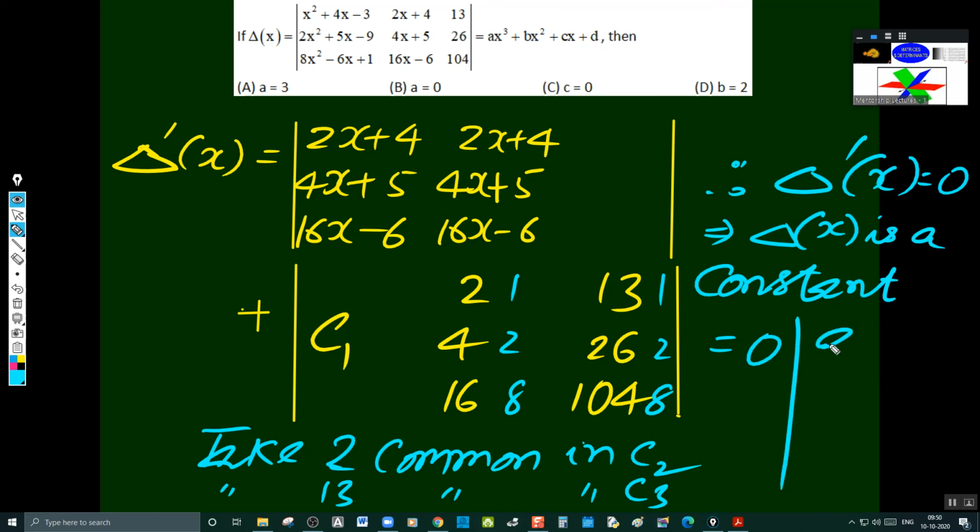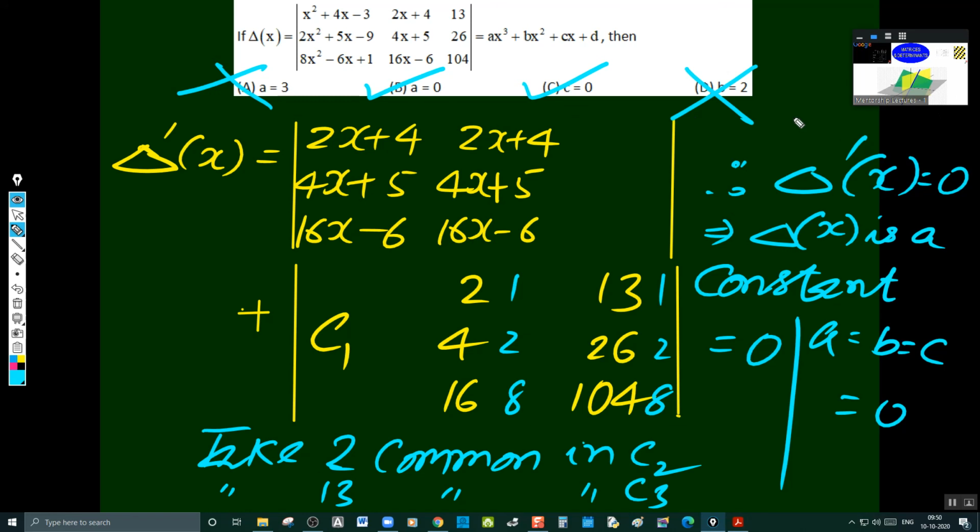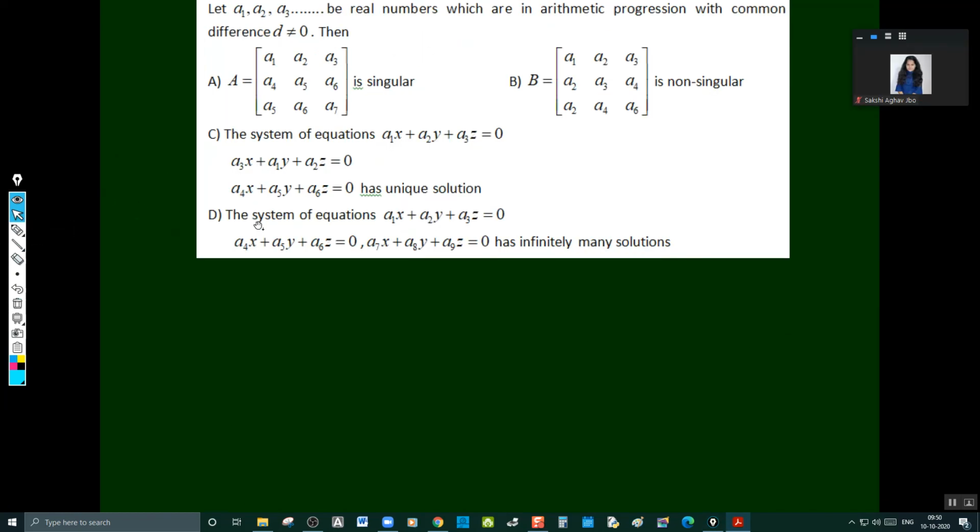So A is equal to B is equal to C is equal to 0. Thereby you can check the options. A is not 3, A is 0, C is 0, B is also 0. So the options are B and C. Clear?